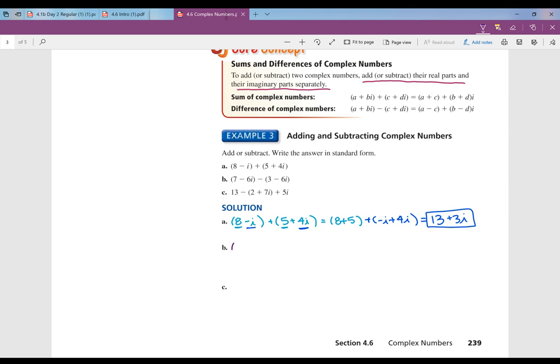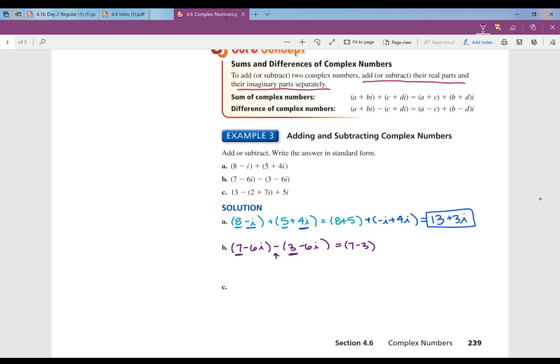For B, we have 7 minus 6i minus 3 minus 6i. So this time, notice that we have our minus instead of plus. So when we do our real numbers, we're going to do 7 minus 3 instead of plus.